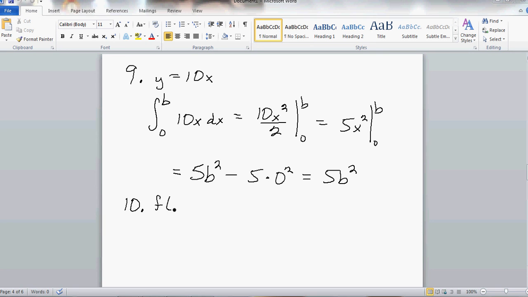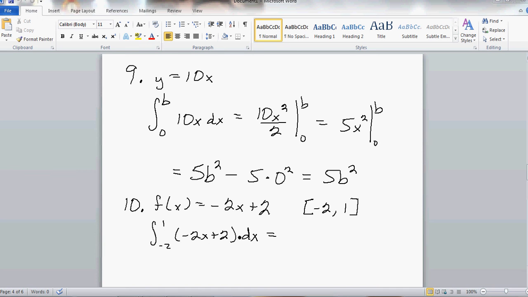Okay, so we have f of x is equal to negative 2x plus 2, and we're going from negative 2 to 1. So we will go from negative 2 to 1 of negative 2x plus 2 dx.